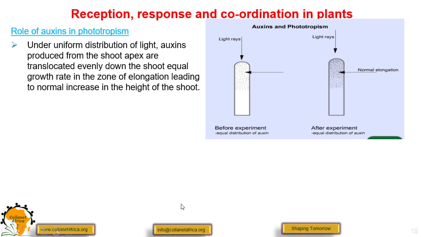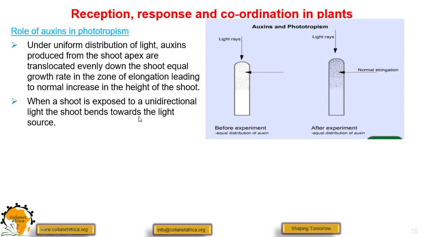So this is where we have a normal or uniform distribution of light, and then the auxins are distributed equally down, so we will have normal elongation.